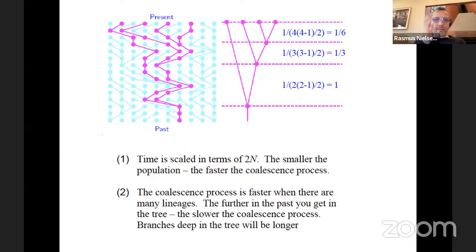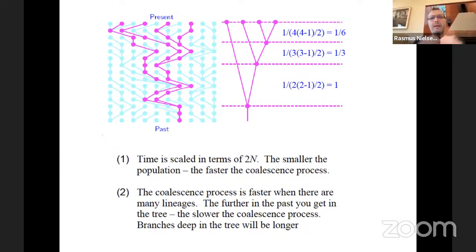So if we look at a population of humans, we say the effective population size is 20,000. That means that there's an amount of genetic variability in that population that would be generated in an idealized population of 20,000 individuals. But the actual number of individuals in this population may be much larger.